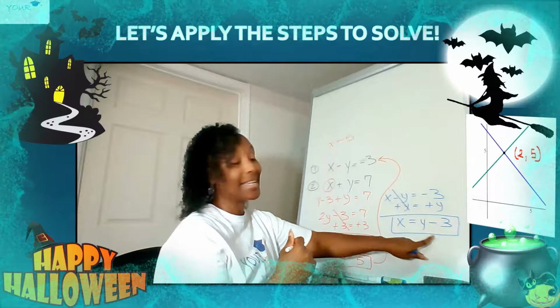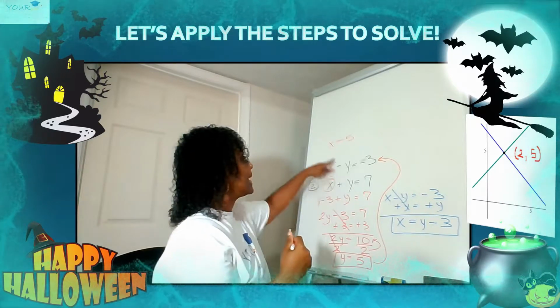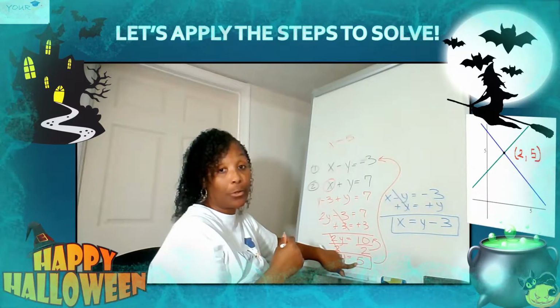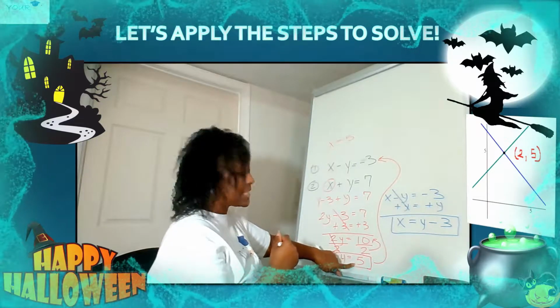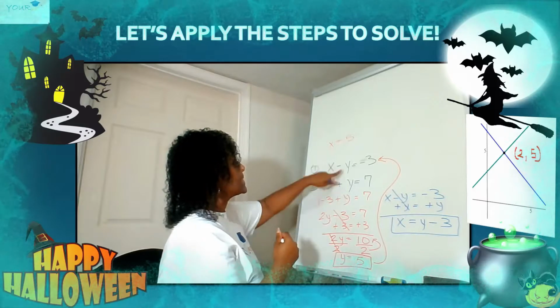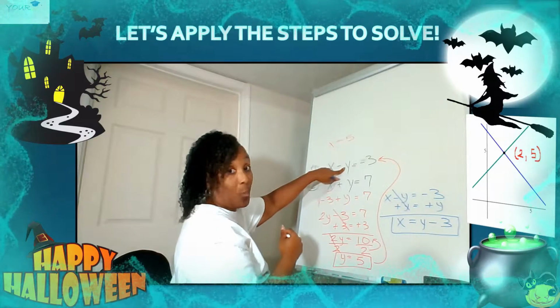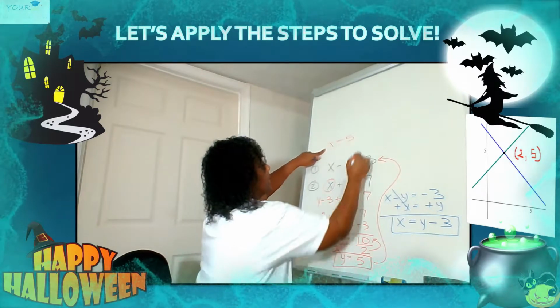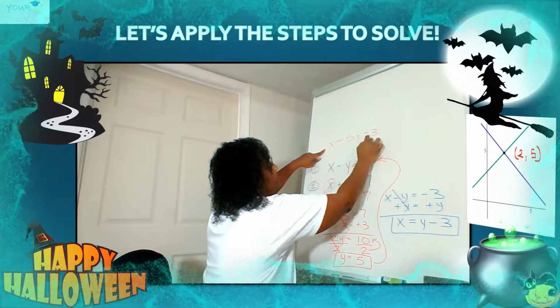This was the expression for x, but now I need to solve for the value of x. I now have my value for y, so I'm going to take this y value and substitute it for the y here. I now have x minus 5 equals negative 3.